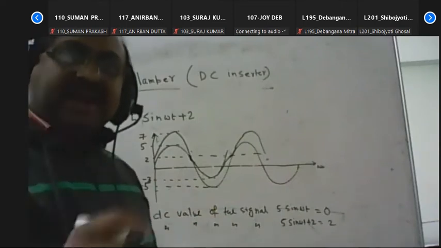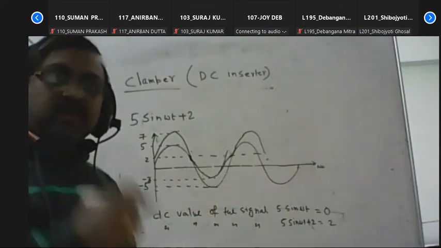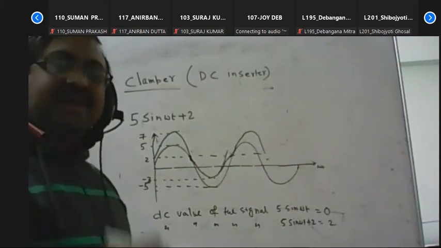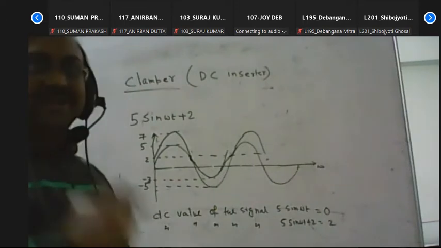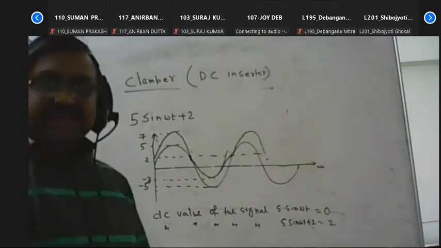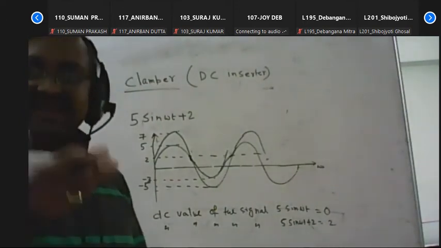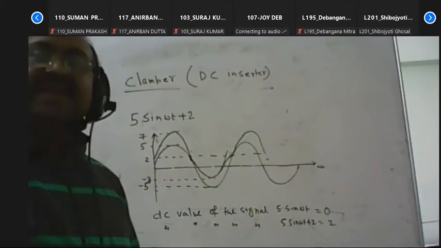Any circuit that does this is called a clamper circuit. So a clamper circuit basically adds some DC level to the AC signal.